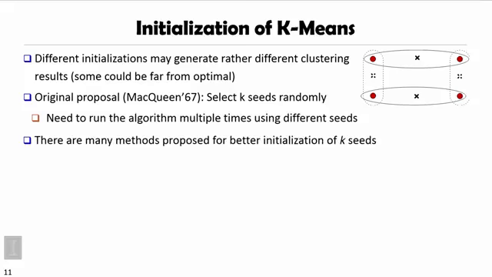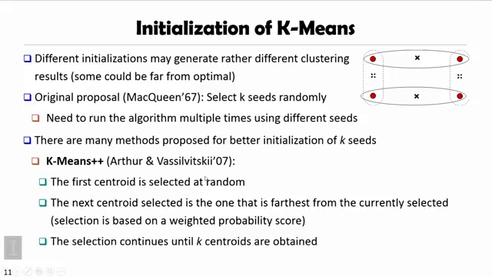There are many other methods also proposed for better initialization. For example, there's one called k-means++, proposed in 2007. Essentially, k-means++ initialization is as follows. The first centroid you can select randomly. But for the next centroid to be selected, you try to find the point farthest from the currently selected points.